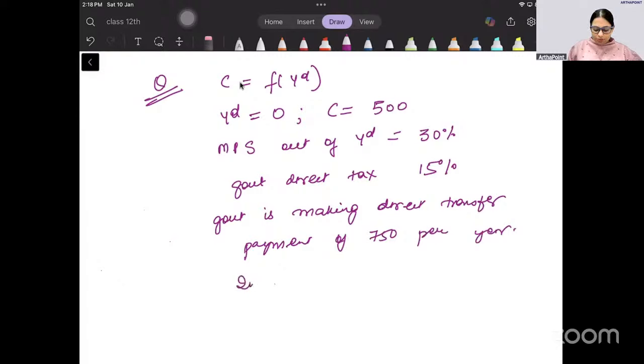Now calculate the investment multiplier. Give it a try.